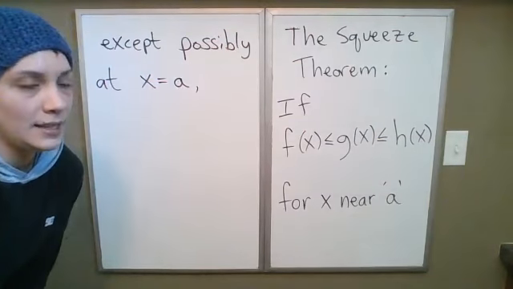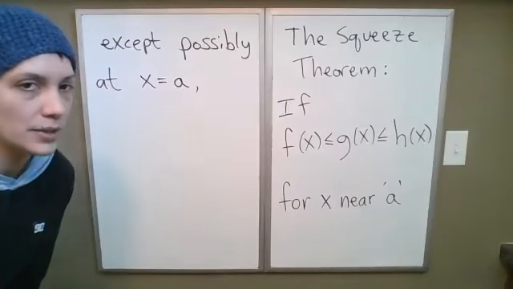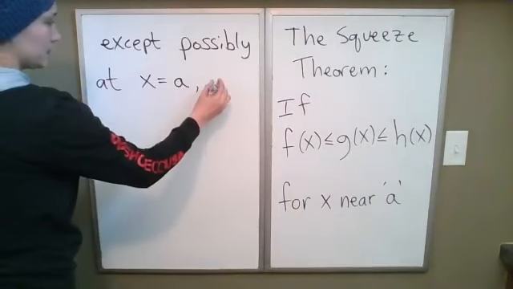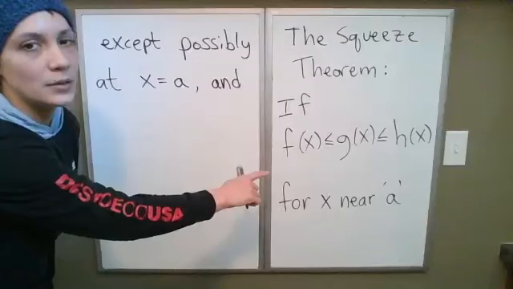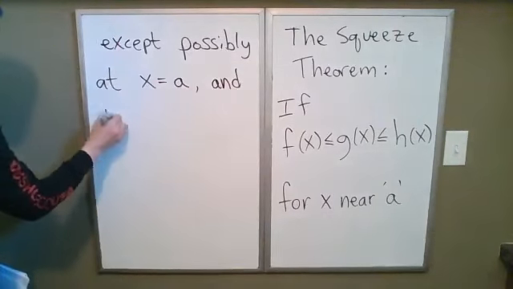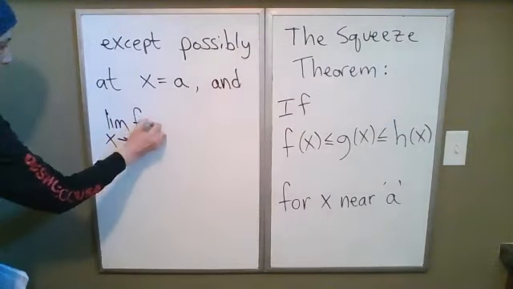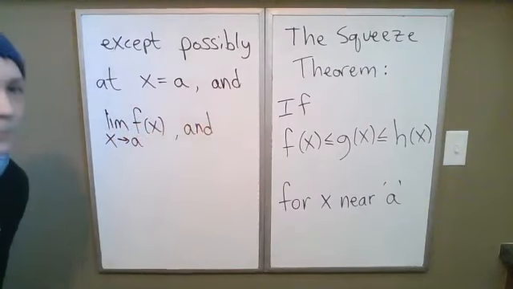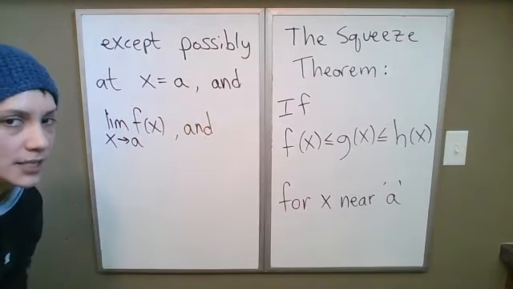Okay, and we need to know that the limit as x goes to a for all 3 functions does exist. So first one, the limit as x goes to a of f of x. And the limit as x goes to a of g of x.